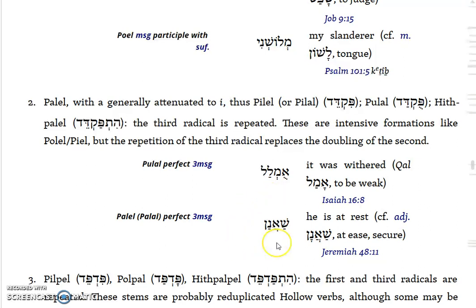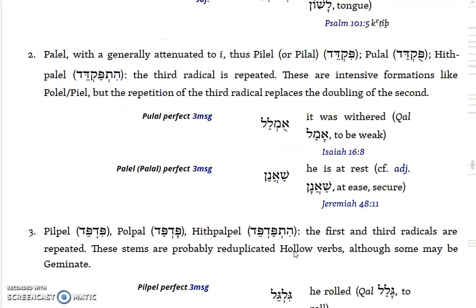And then sha'anan means he is at rest, and again it's a palel pattern, the hataf patah because of the guttural. Again, taking the noun sha'anan, to be at rest or at ease, and turning it into a verbal form.